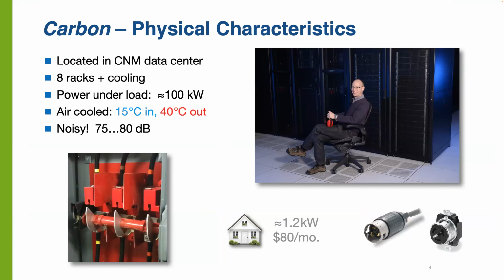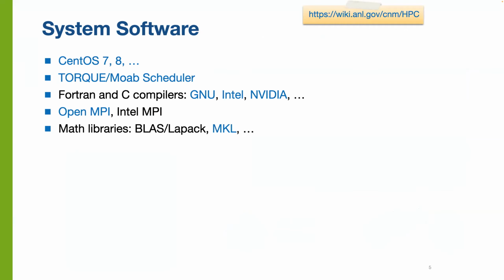Yours truly sitting there on the right, out of the floor is some cold air coming up at like 15 degrees C, and then in the back of these racks, it's about 40 degrees C, so nice and balmy. But most of you won't really ever see this with remote access. So what you will see is the system software and the application software.